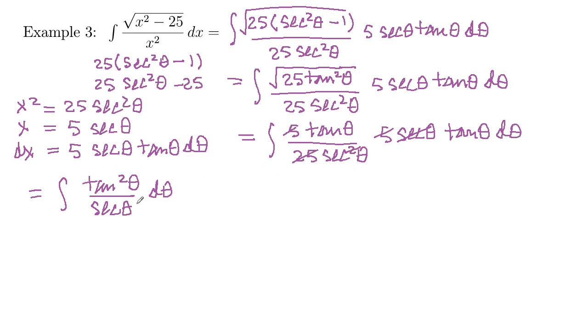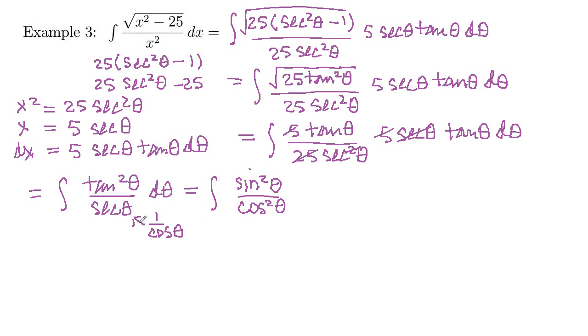Why don't we change these things to sines and cosines and simplify? So this will be integral, tangent squared is sine squared over cosine squared. So sine squared theta over cosine squared theta. And then your secant, remember, is 1 over cosine theta.